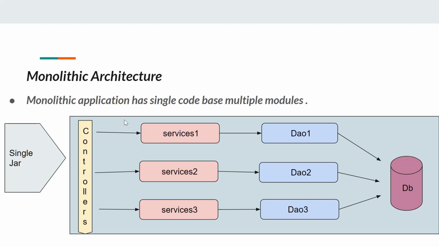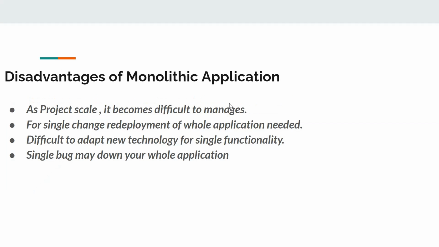Okay, so this is a monolithic application. Definition: a monolithic application has a single codebase with multiple modules. Next, the disadvantages of monolithic application.